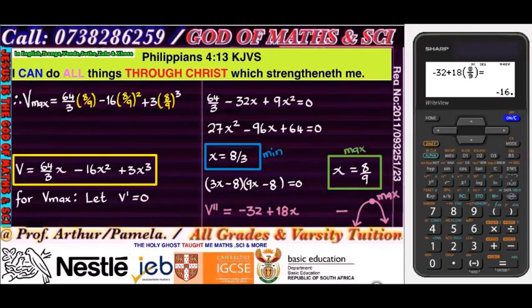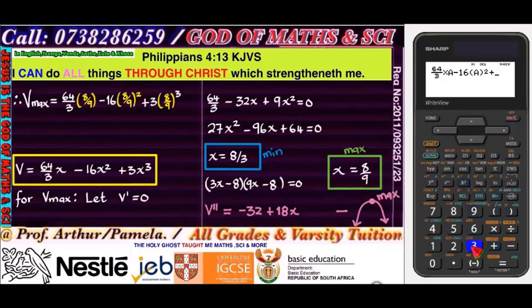All right, for me to move faster, I will take 8 divided by 3 and store that in alphabet A. So first, I've got 64 all over 3, times recall alphabet A, then minus 16 into recall alphabet A, then you square that.